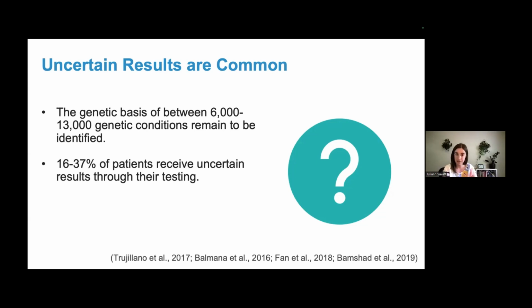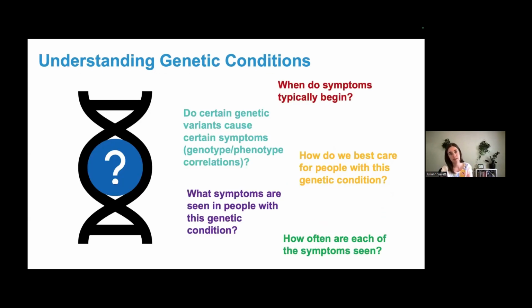So we know that these are common and that we have much to learn to better answer questions around, is this gene tied to disease? Is this variant pathogenic? Even if we have a variant that we classify as pathogenic, that we think it's tied to health and disease, we still often have a lot to learn about genetic conditions.